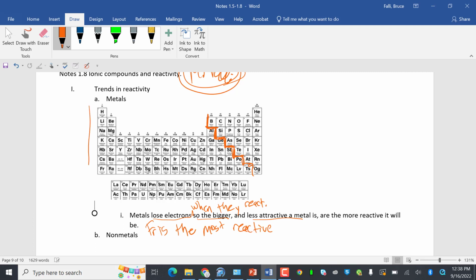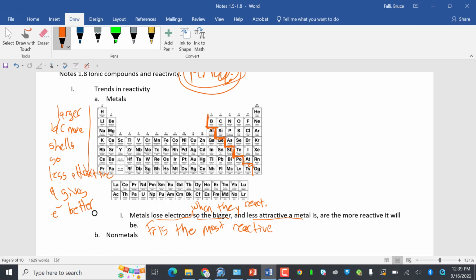Why? As you go down, francium is larger because it has more shells, so it is less attractive and gives electrons better.